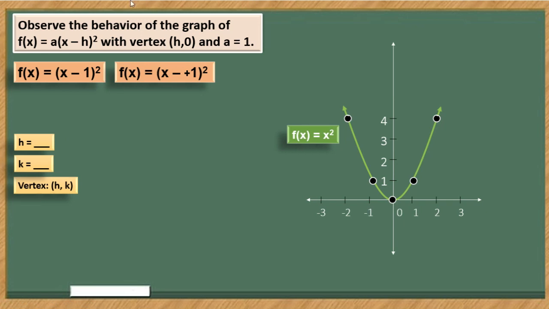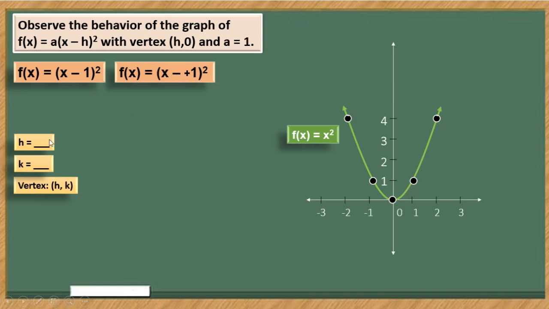This quadratic function can be written as the square of the difference of x and positive 1. So instead of the square of the difference of x and 1, we can also write this as the square of the difference of x and positive 1.